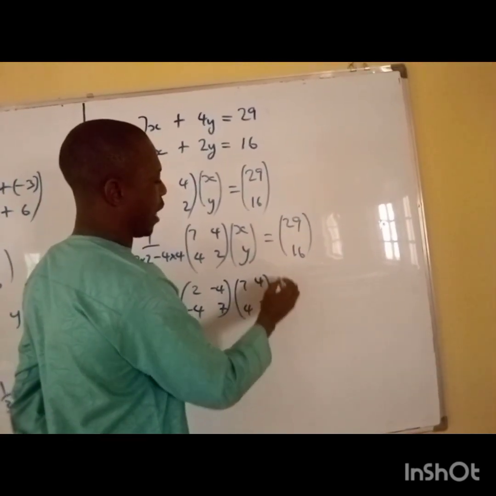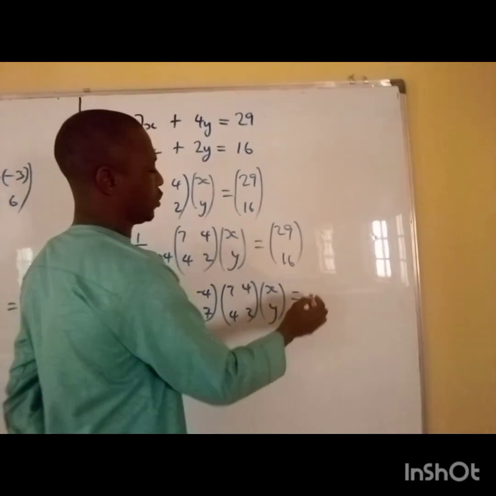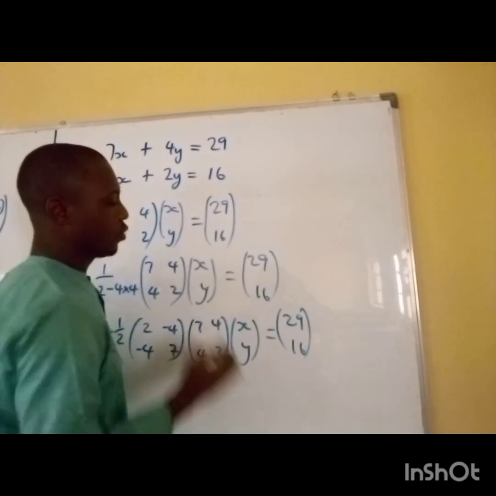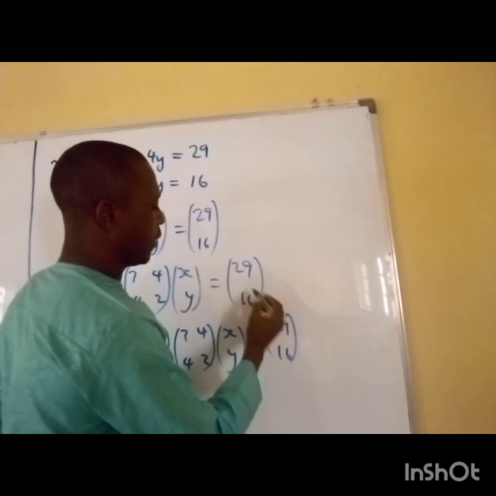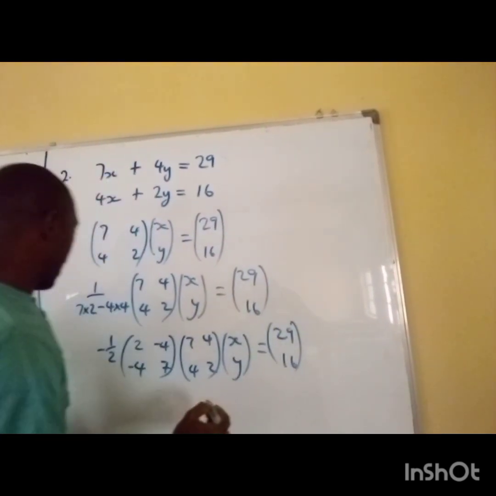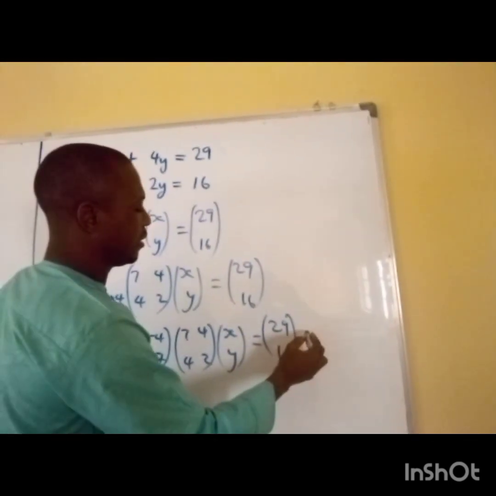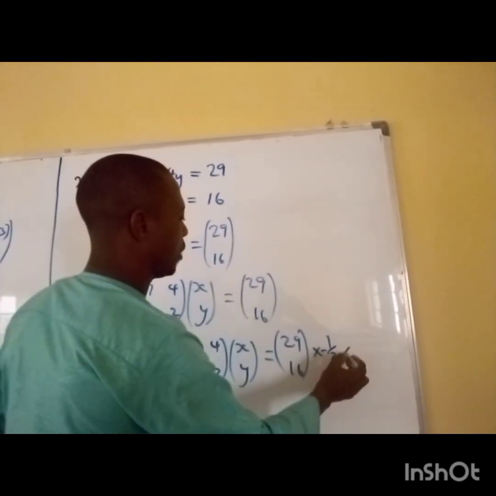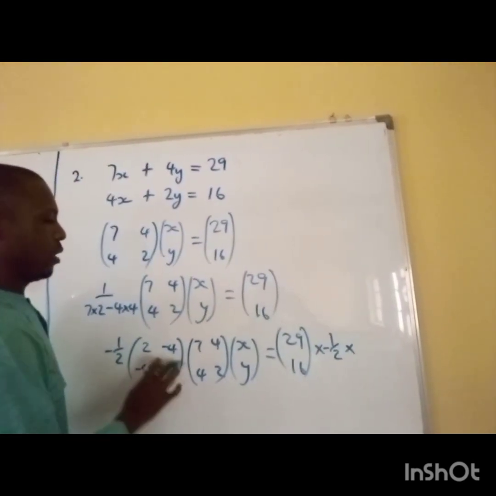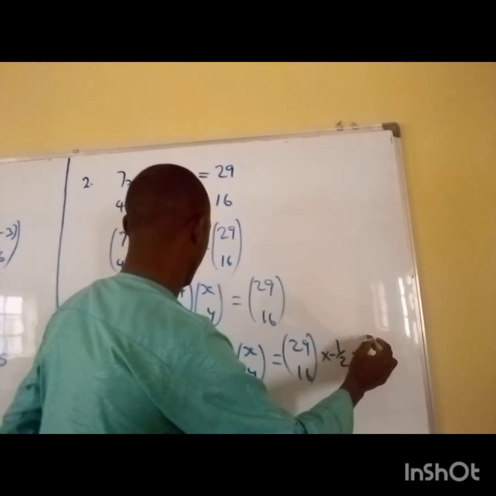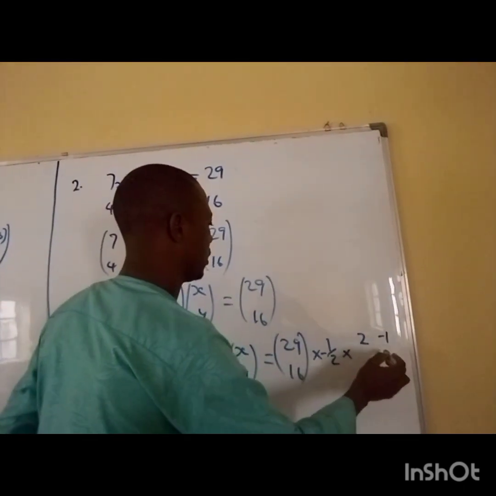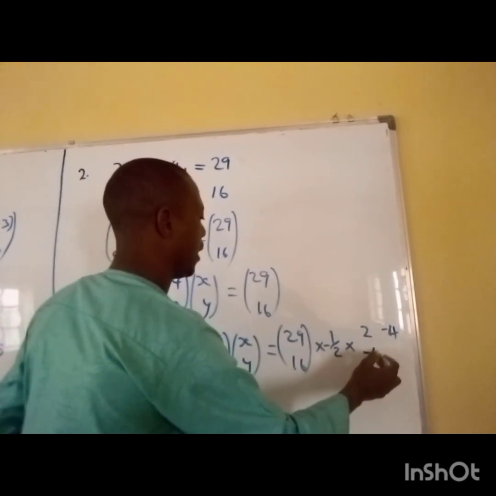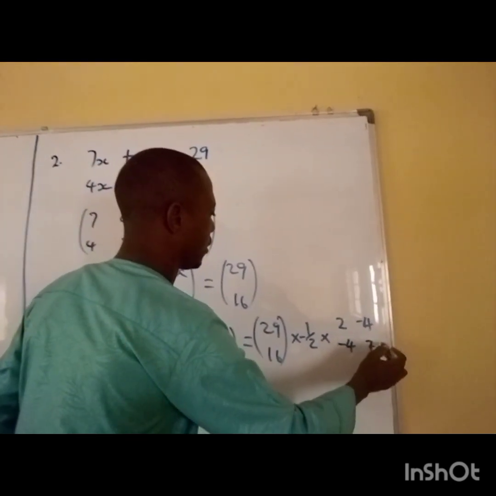x, y equal to 29, 16. Then the inverse determinant is 1 over minus 2 times the inverse form of our matrix, 2, minus 4, minus 4 and 7.